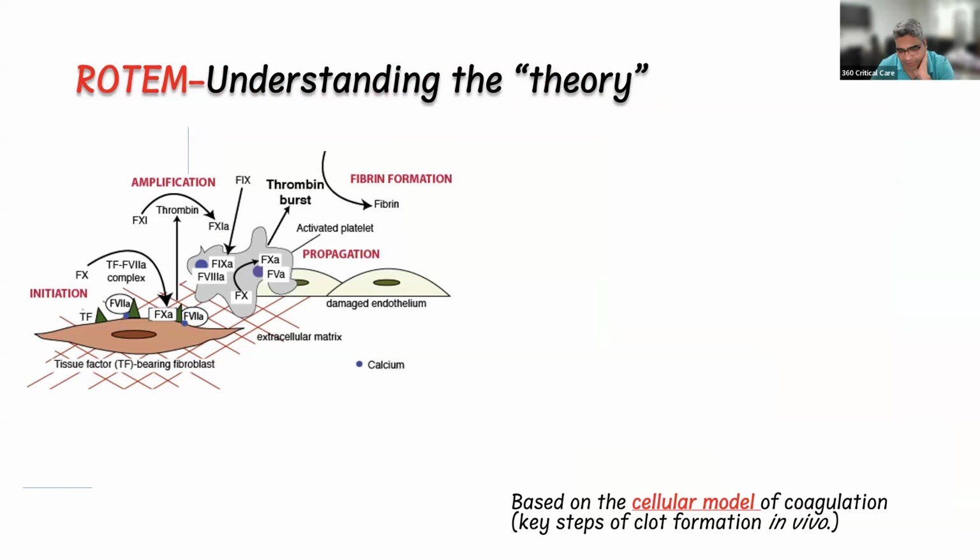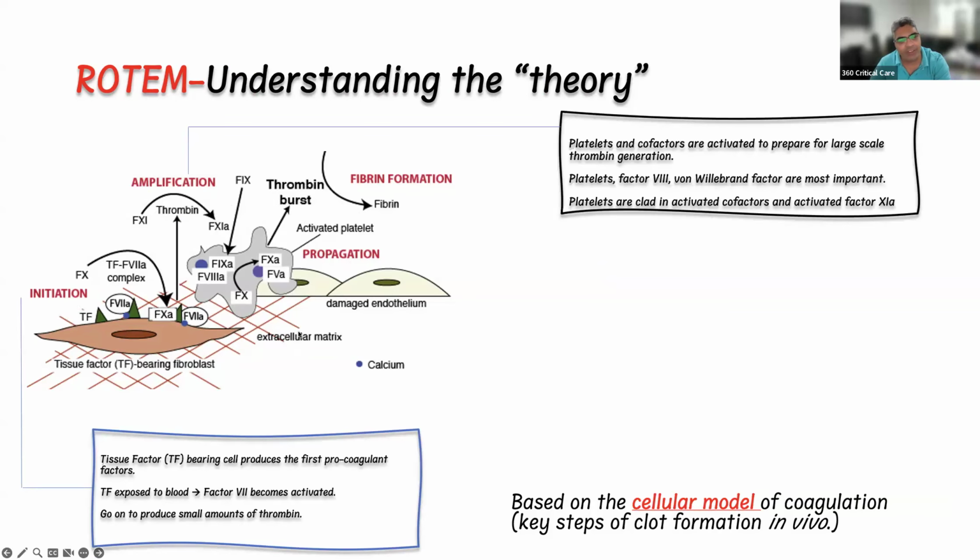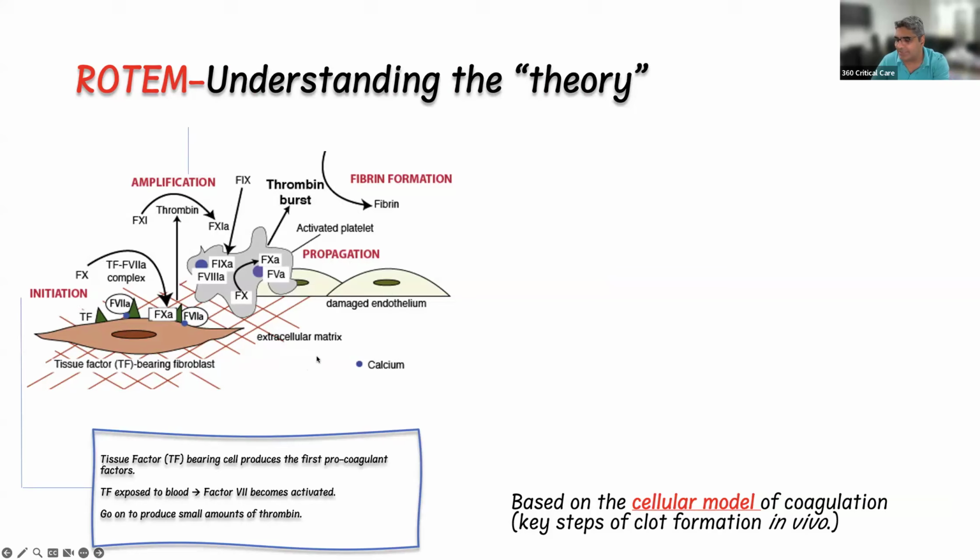Now, a little bit of theory that you need to understand, because the clot formation or the whole process of coagulation is divided into majorly 3 phenomena: initiation, amplification, and propagation. Between amplification and propagation, the phase of fibrin formation happens. So the initiation happens with the tissue factor, which is the main starting point for the coagulation, or it is a procoagulant factor.